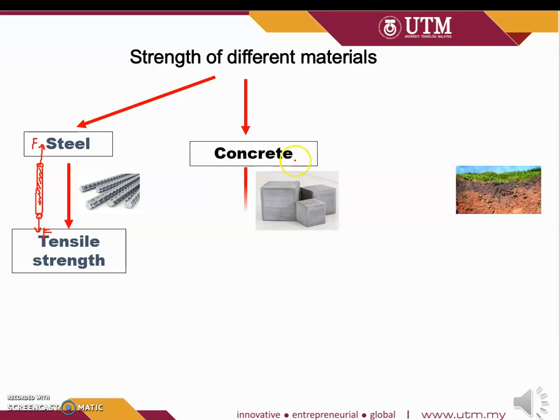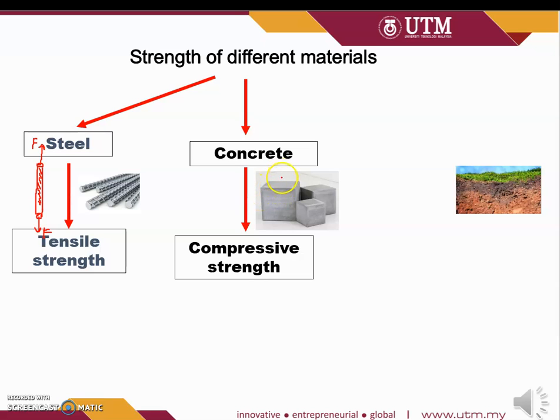And for concrete, they have very good compressive strength. Once we have compression either from top to bottom or from left to right, concrete has very good compressive strength. But bear in mind, concrete is not very good when it comes to tensile strength.